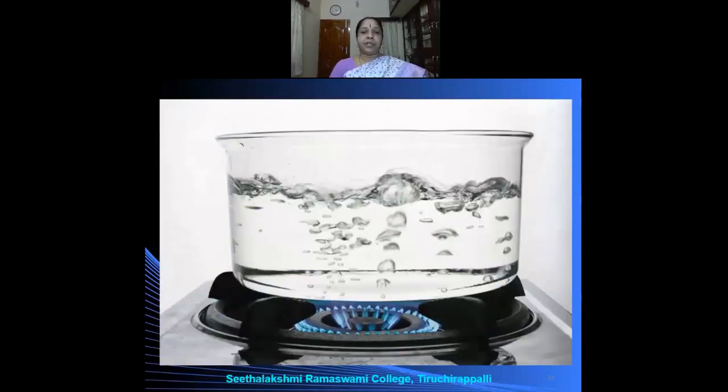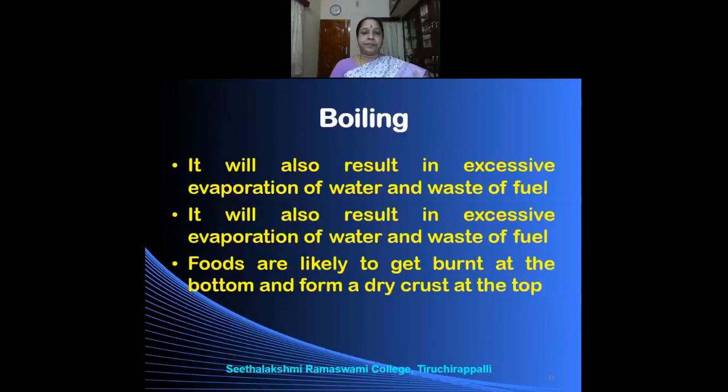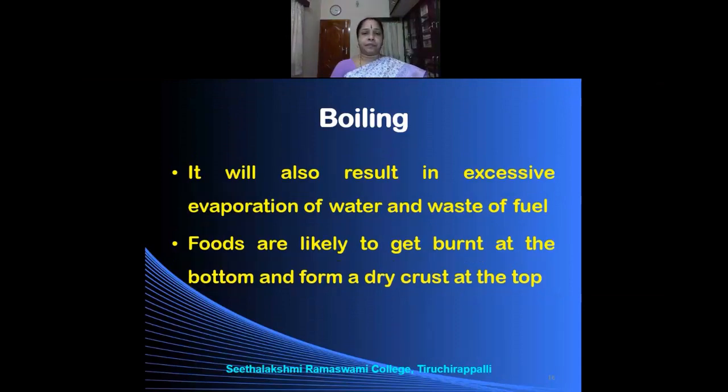So here we see how the water boils. In this stage, food is added to the boiling water. If the water is kept vigorously boiling, it will result in excessive evaporation of water and also wastage of fuel.